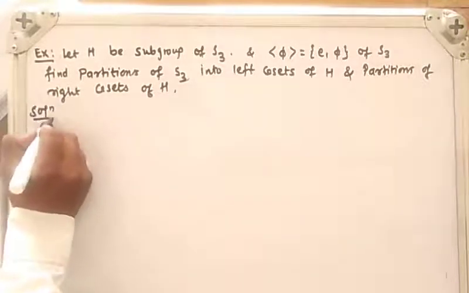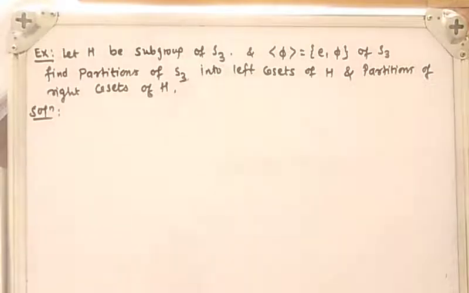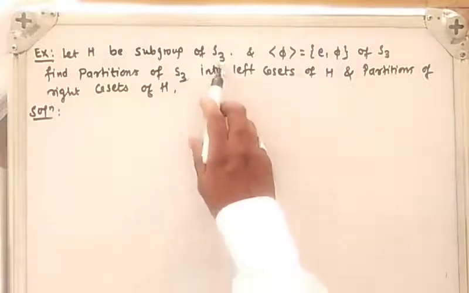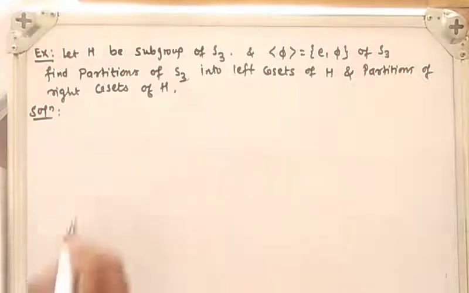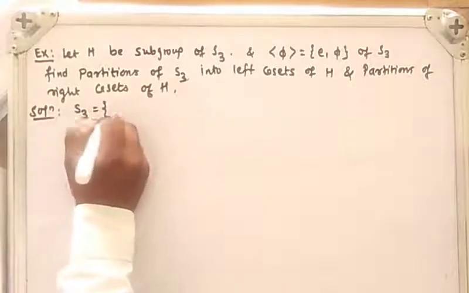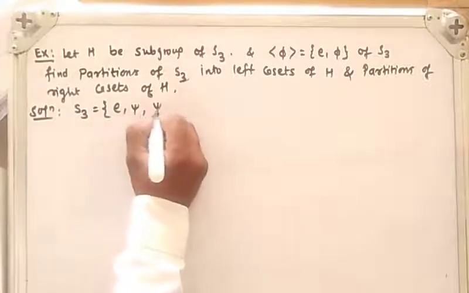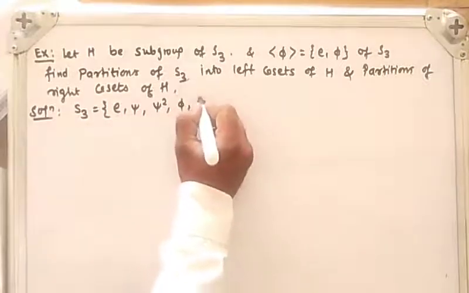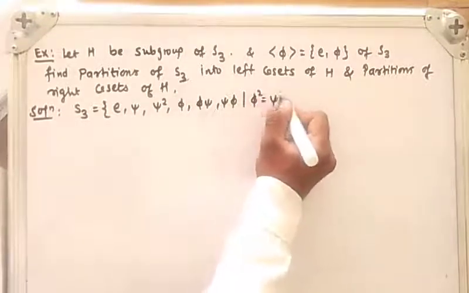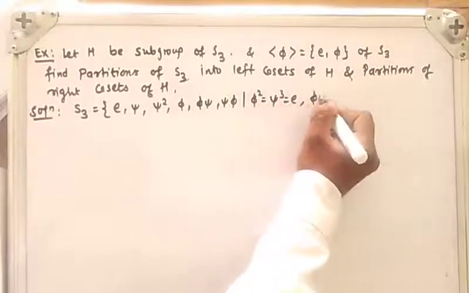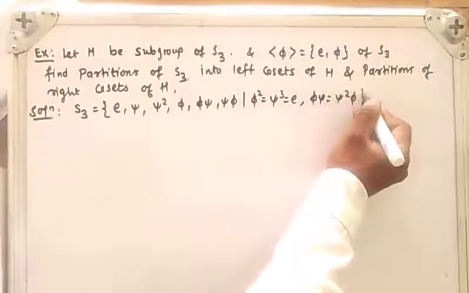So let's see the solution. We have to find partitions of left cosets of H and partitions of right cosets of H. So here we know that S3 is non-abelian, and we are given H, a subgroup of S3 with generator phi, and generator phi has elements identity and phi. Now we know that S3 has elements identity, psi, psi square, phi, phi psi, phi psi square, such that phi square is equal to psi cube is equal to identity, and phi psi is equal to psi square phi.